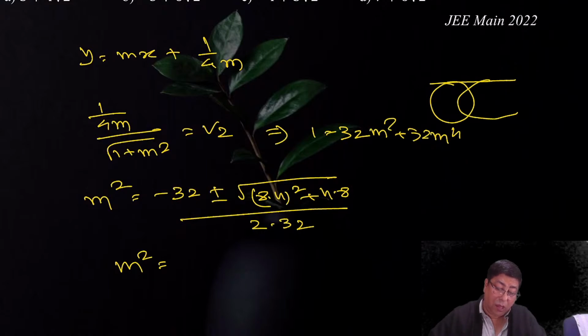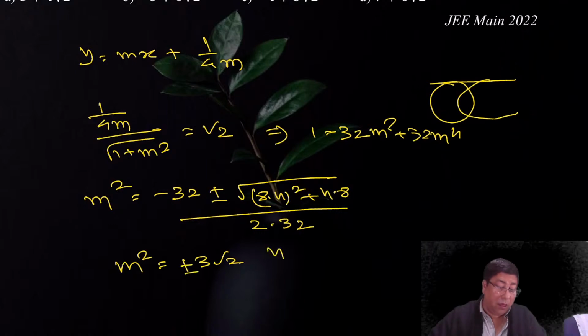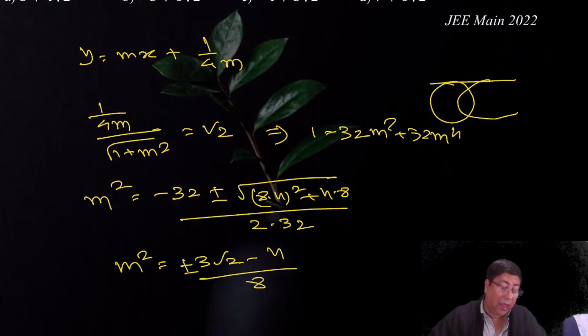Minus b, if we cancel 32, if we take 8 common from here, we are getting 3 root 2 plus minus 3 root 2 minus 4 by 8.